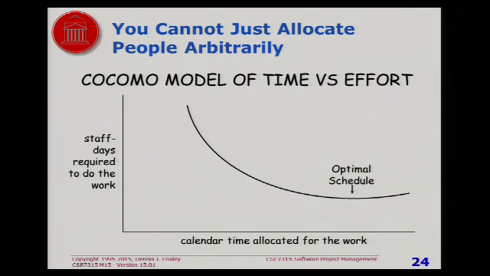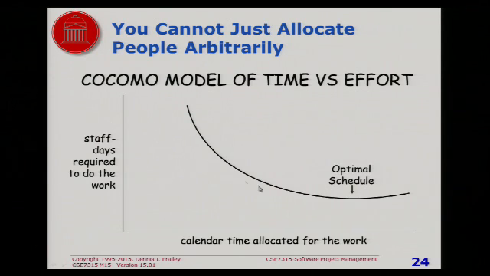Now, there's another factor. There's a model called the COCOMO model that we're going to be discussing a little bit later that shows how much time you allocate to get the work done versus how many staff days of work is required to get it done.